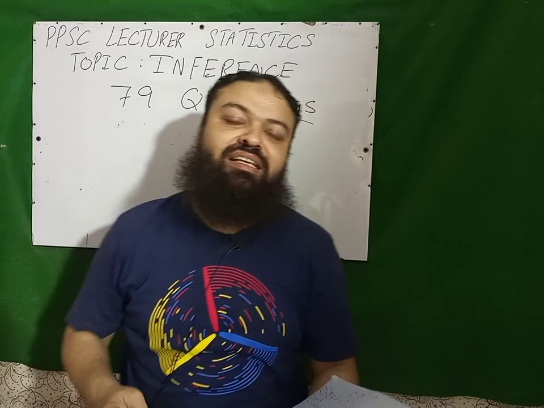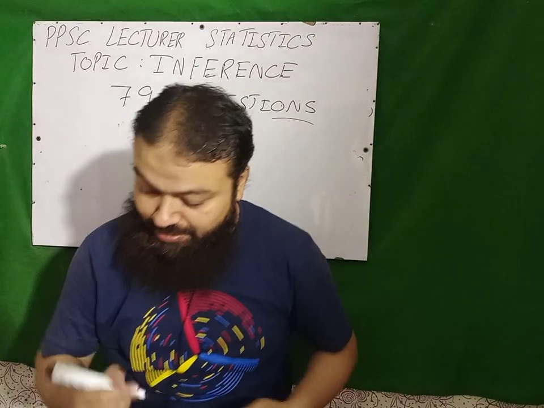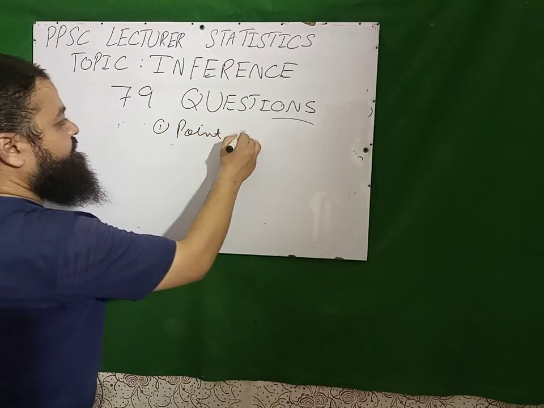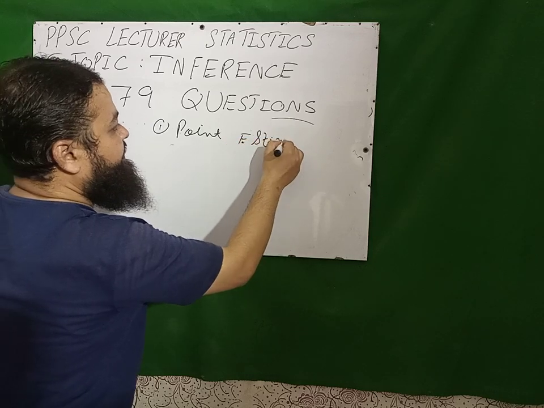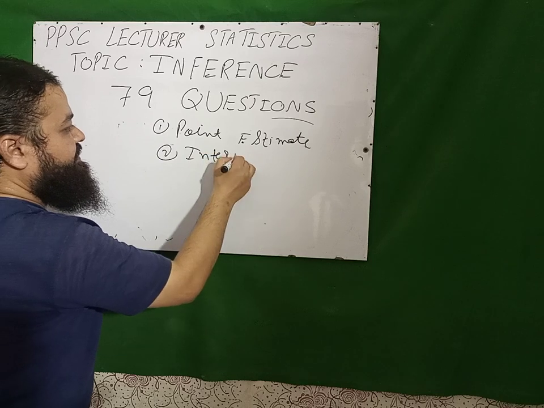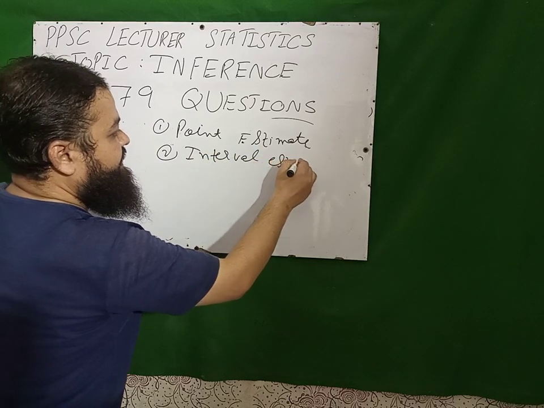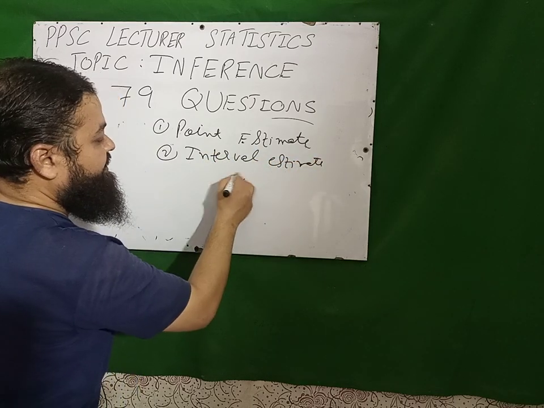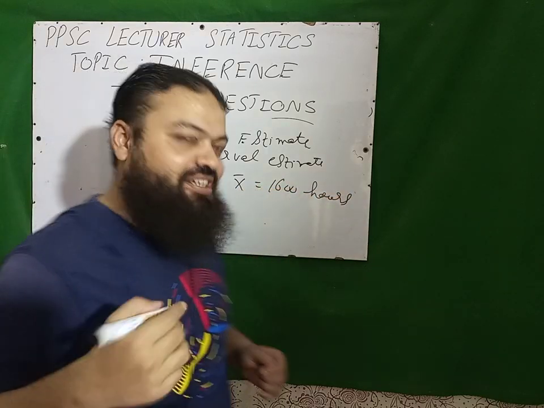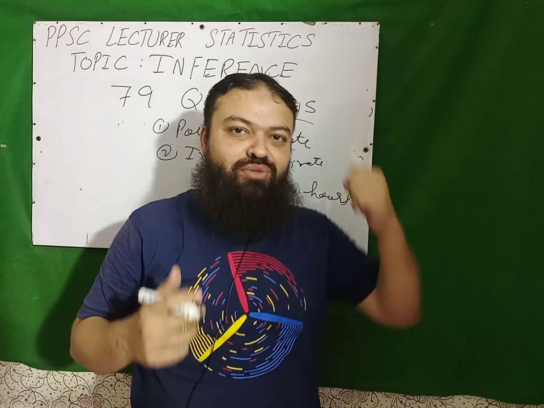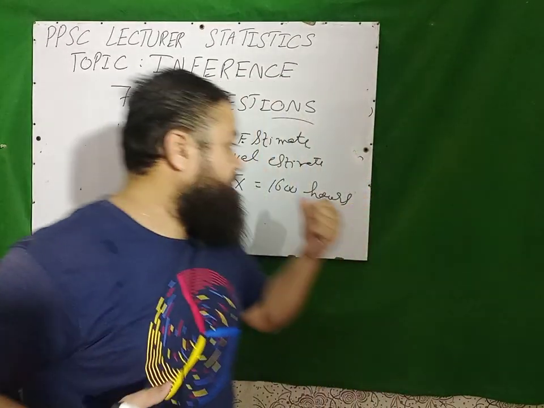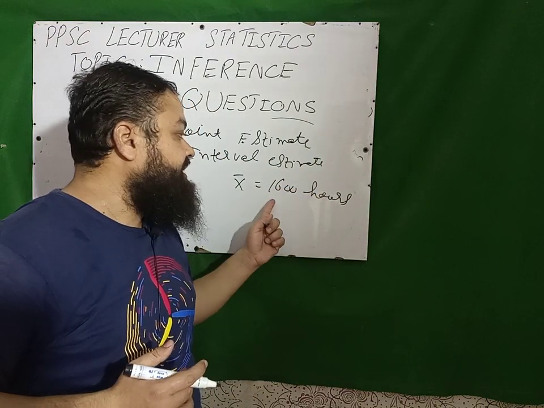Estimation has two parts. Number one is point estimate. Number two is interval estimate. If I say X bar is equal to 1600 hours, with the help of the sample data we have calculated the average lifetime of an electric bulb company, and it is 1600 hours.